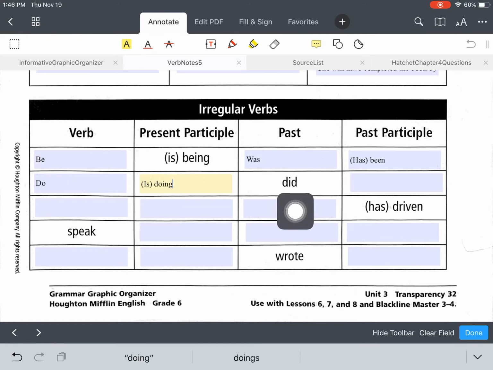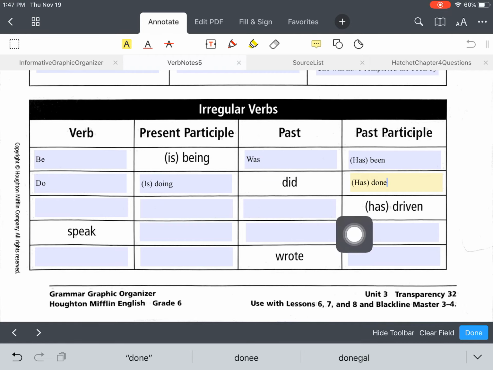In the past tense, it becomes did, so you would not say dude and add an ed to dude. It's did, so she did her homework yesterday. And then the past participle is has done. So it becomes a whole new word. So she has done her homework already, or they have done their homework already.